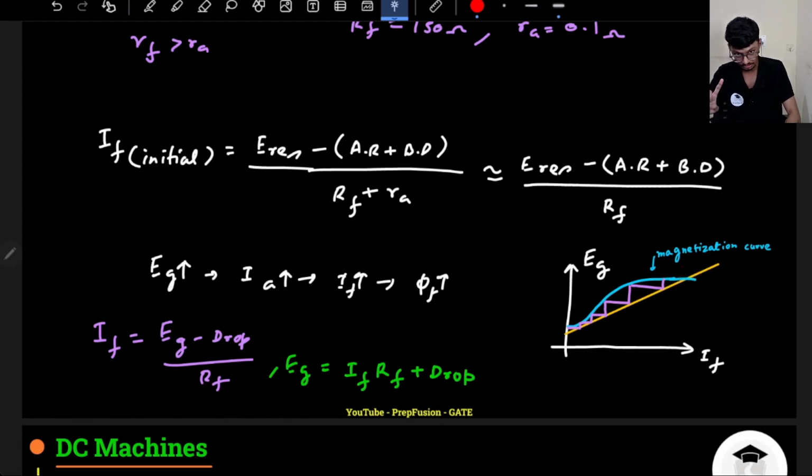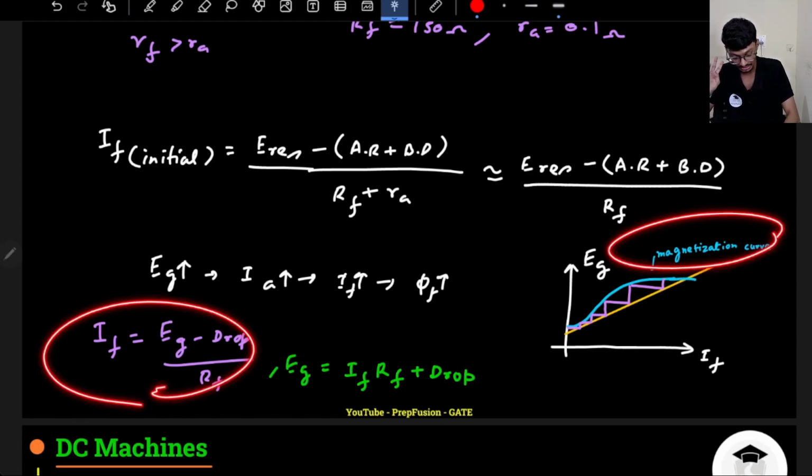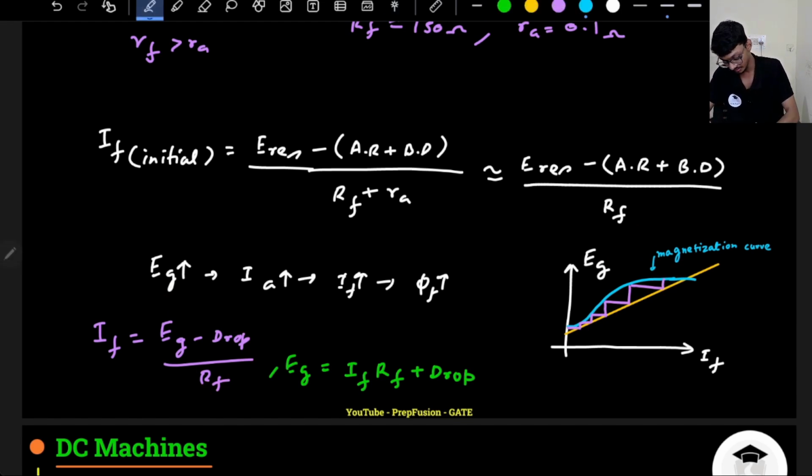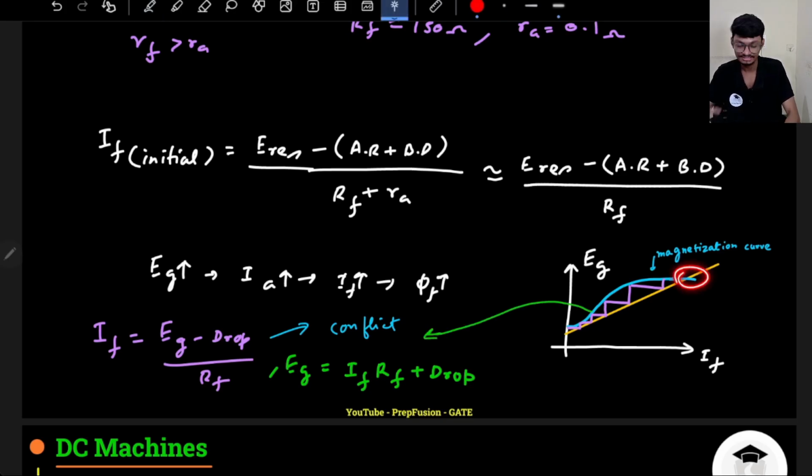both this graph and the magnetization curve will coincide. If both of them coincide, both are satisfying. So previously there was conflict between this straight line and the magnetization curve. But here the conflict has resolved.